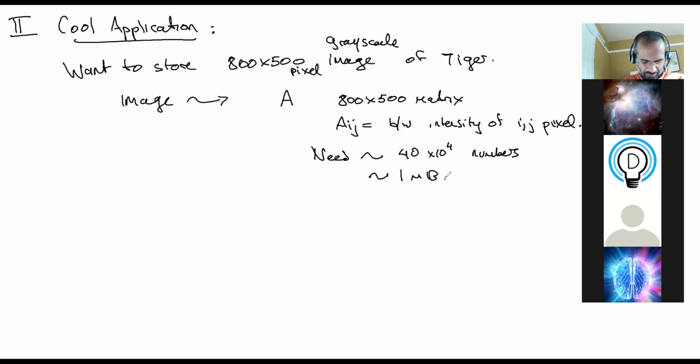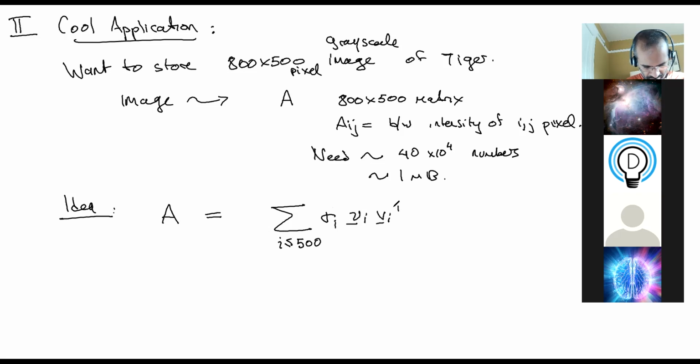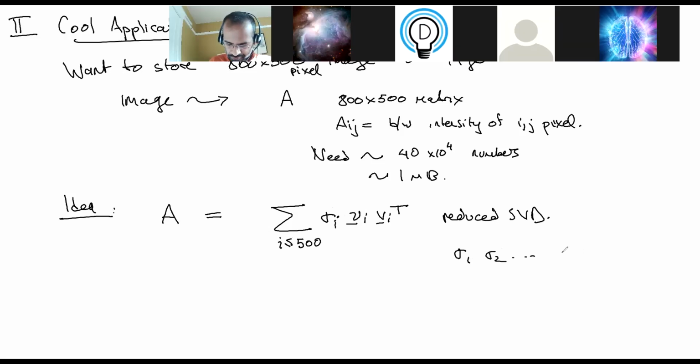So suppose I want to store this image using a fewer amount of space, right? Which we actually do want to do on the internet. So the idea is take this matrix and write the reduced SVD. Okay, so when you do this, you get some numbers, sigma 1, sigma 2, all the way up to sigma 500.